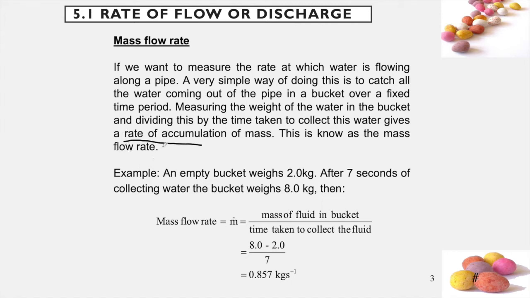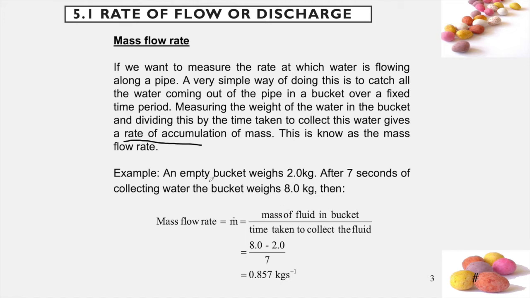If we refer to this statement, we can calculate the mass flow rate of this water. As we know, the water has been collected by the bucket over a fixed period of time. Therefore, the mass flow rate is equal to the mass of fluid in the bucket over the time taken to collect the fluid.